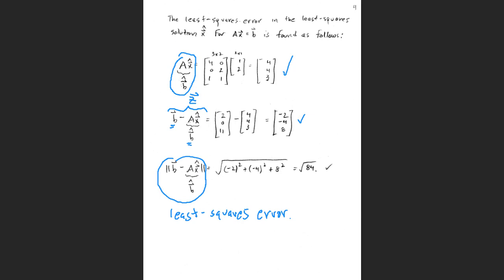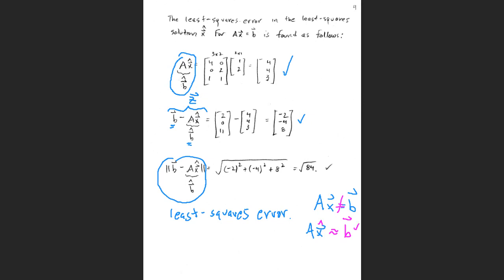So if we can't solve a system A times x equals b, if this does not have a solution, what we can do is try to find a least squares solution A x hat so that A x hat approximately equals the vector b.